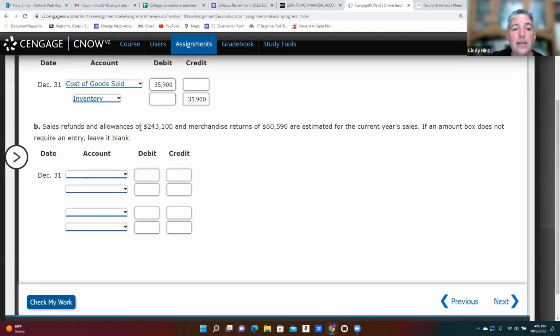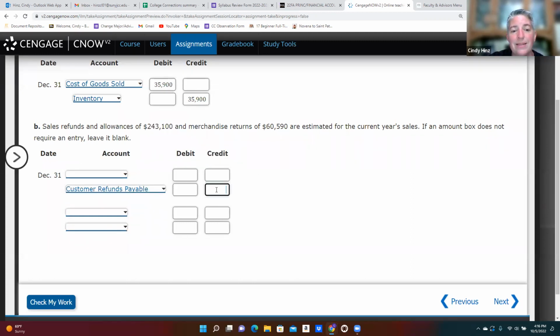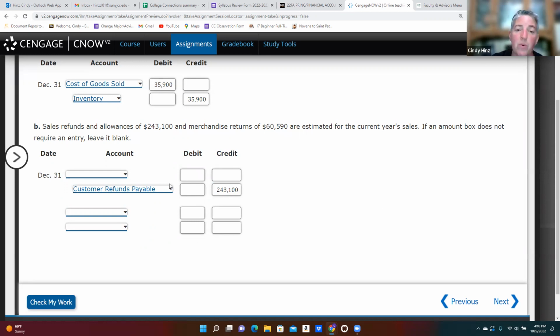That we think in this case we might have to accept refunds of 243.1, and so we're going to set that aside as an estimated customer refund payable, a liability to pay back those customers. We've already reported the revenues. Now we need to report that we might have to pay some of that back.